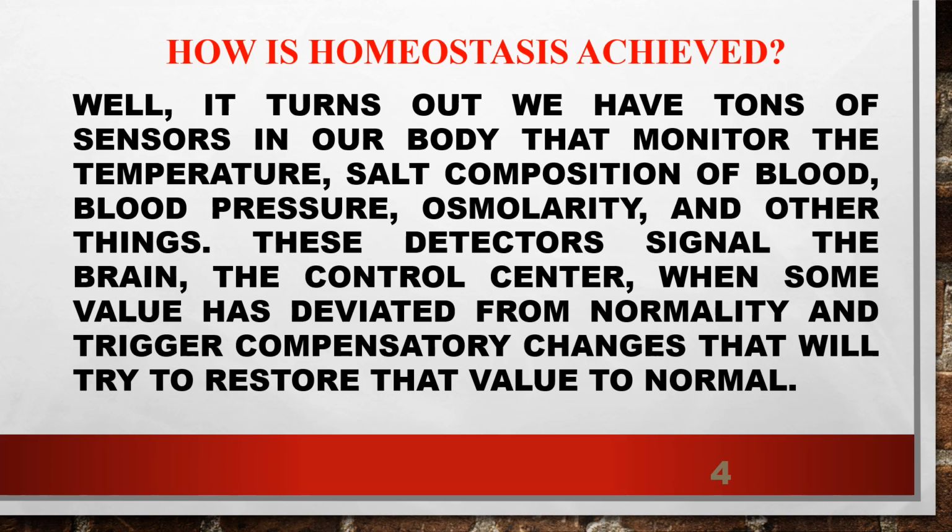And if the amount of glucose goes higher than normal, the brain will signal the same pancreas, and then the pancreas will release a hormone referred to as insulin, and this insulin will cause the conversion of excess glucose. Let's say now we have 130 milligram per 100 centimeter cube blood glucose.